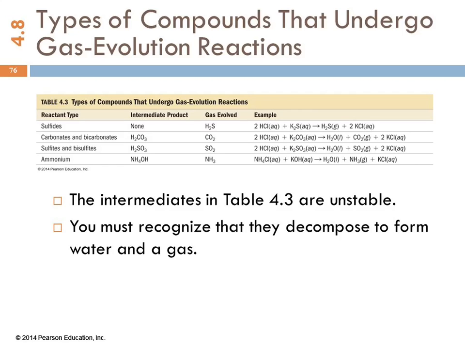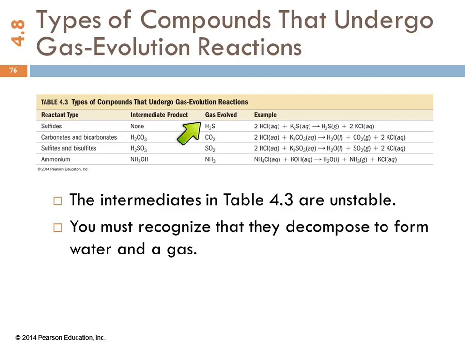So we need to recognize the types of products that are going to result in gas being evolved. And thankfully, there's just these four types. The first one is when you have a sulfide reactant. That was the first example I showed you today.